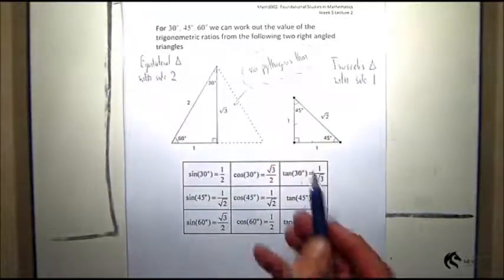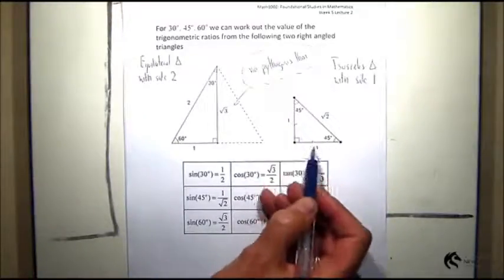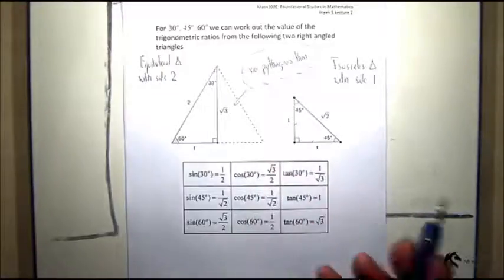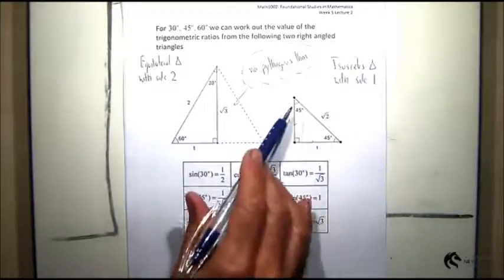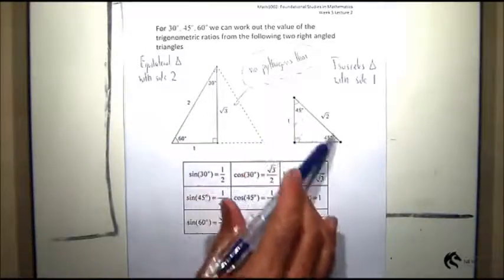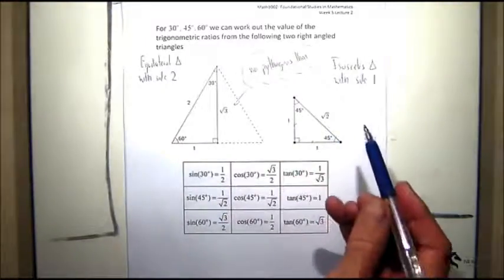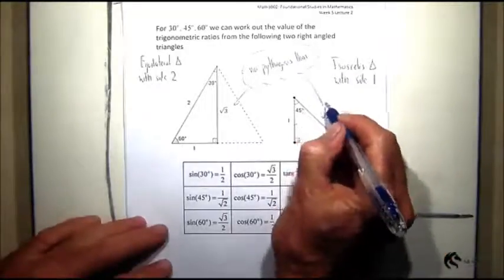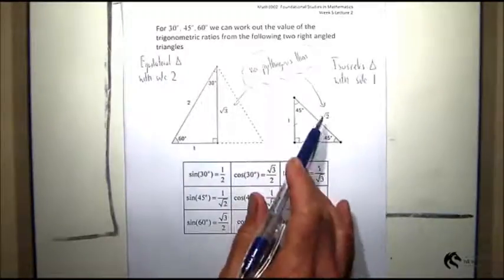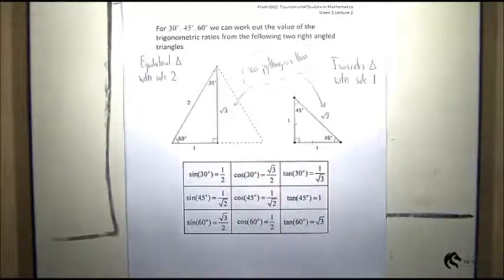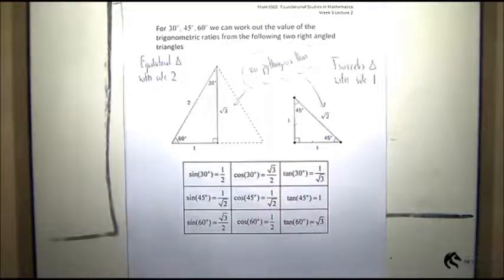If I put my right angle between the arms that are side length 1, then because in an isosceles triangle the base angles are equal, each angle has to be half of 90, so the angles have to both be 45. And by Pythagoras' theorem, the hypotenuse has to be the square root of 2. 1 squared plus 1 squared is 2, and the square root of 2 squared is 2. So for a 45-degree isosceles triangle, we know the sides and we know the angles.